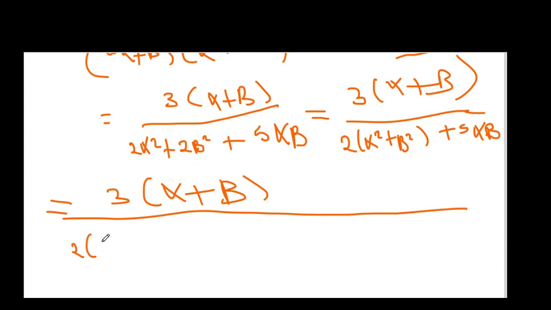So what does that identity say? It says (α + β) squared minus 2αβ. Then we close. Then on the other side, we have plus 5αβ like that.